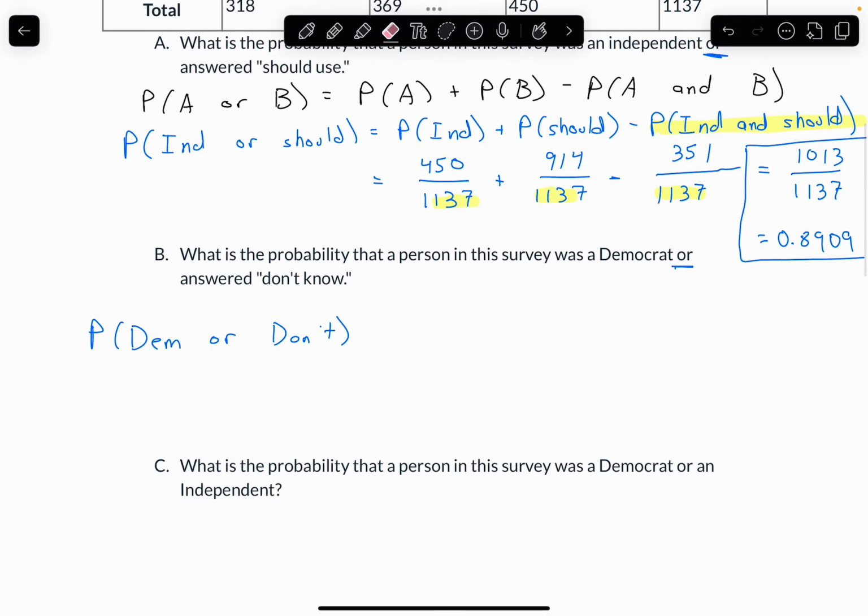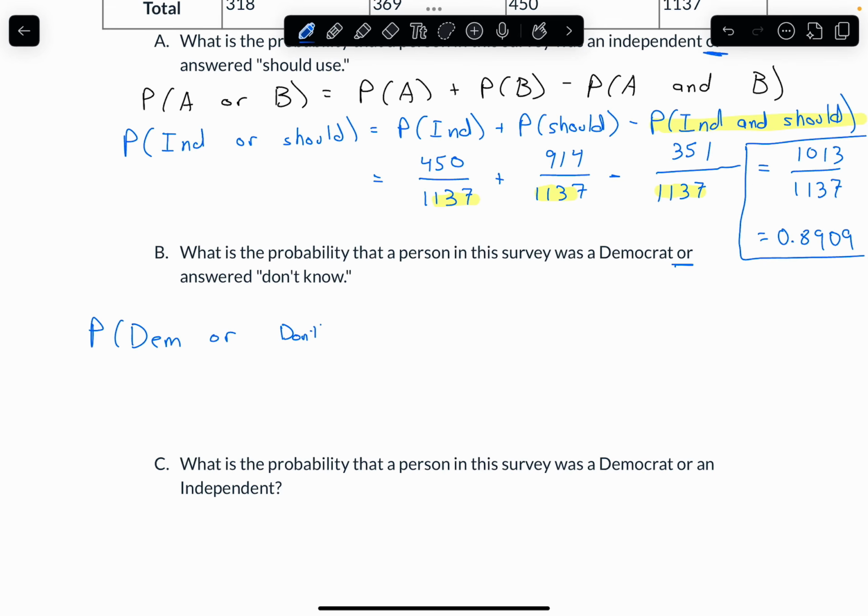I want the probability that the person selected is a Democrat, plus the probability that they said don't know, minus the probability that they were a Democrat and said they don't know.